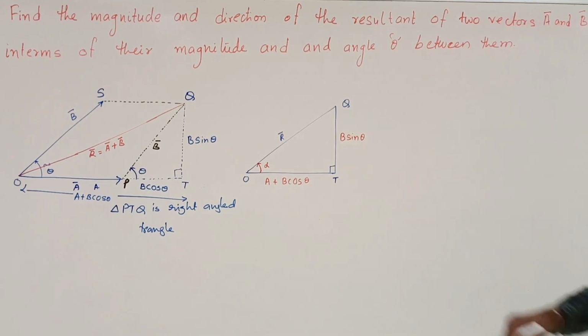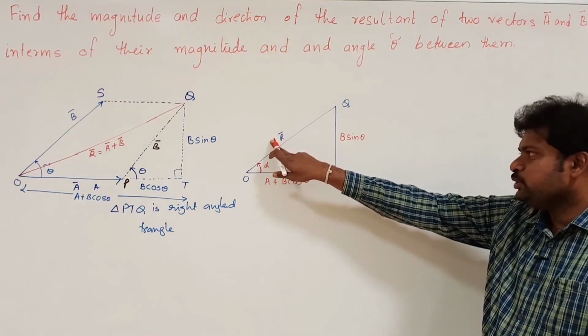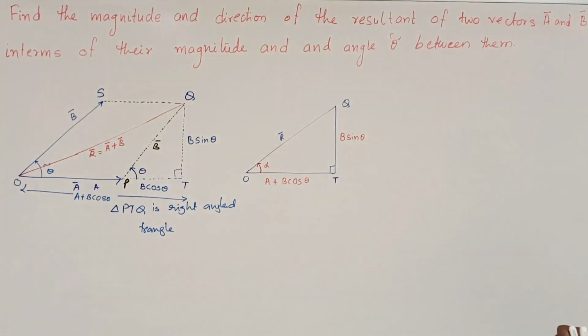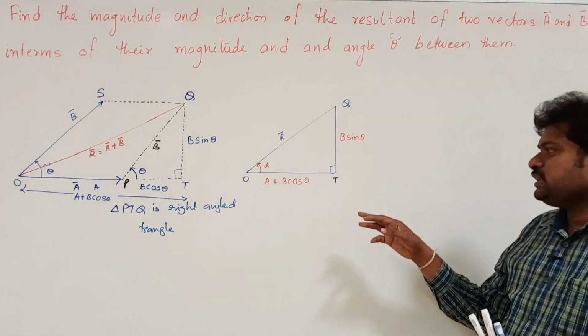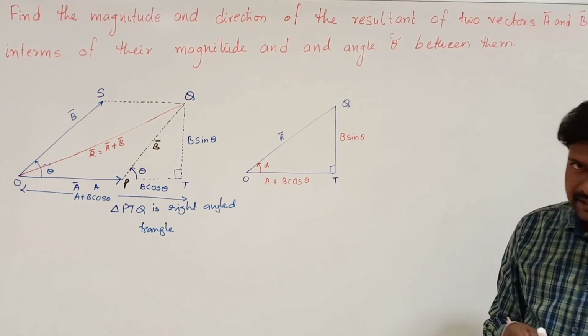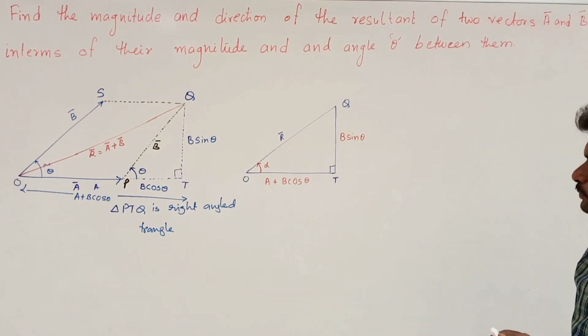Now, the hypotenuse magnitude R can be written as under root of B sin theta whole square plus A plus B cos theta whole square, using the Pythagoras theorem. So, how do I write this?